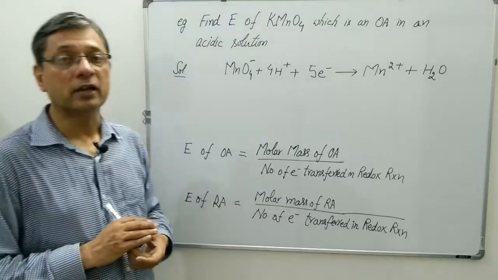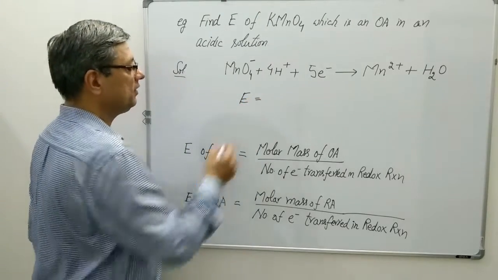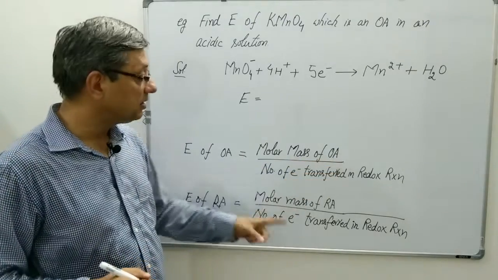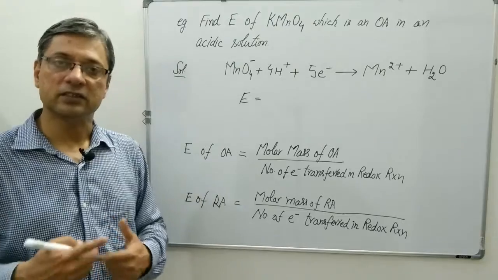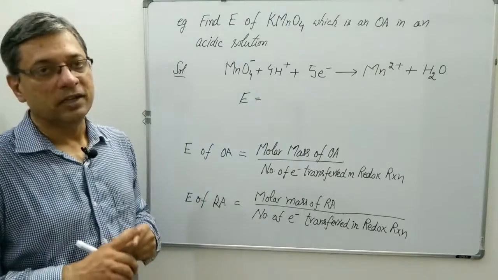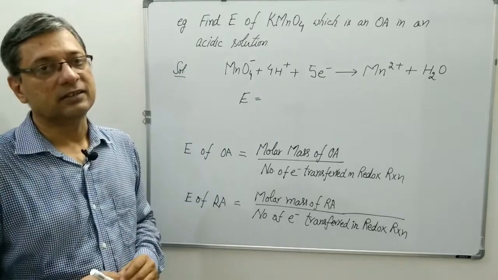If we want to calculate the equivalent mass of KMnO4, we will be using the formula: molar mass of oxidizing agent upon number of electrons transferred in the redox reaction. Clearly, as per the given chemical equation, 5 electrons are getting transferred.